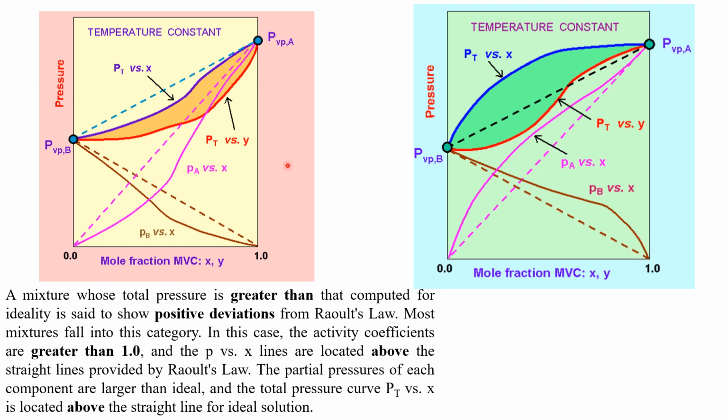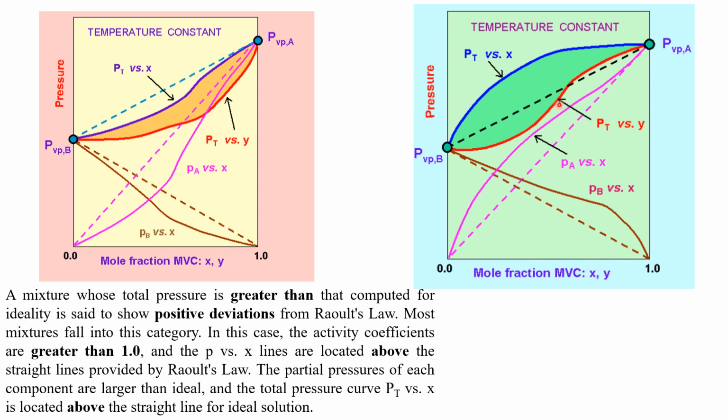When the total pressure is greater than the ideal value, then the deviation is positive, and the activity coefficients for both the liquid and the vapor are greater than 1, and the P versus X curve is located above the straight line. This graph represents the negative deviation, and this graph represents the positive deviation.